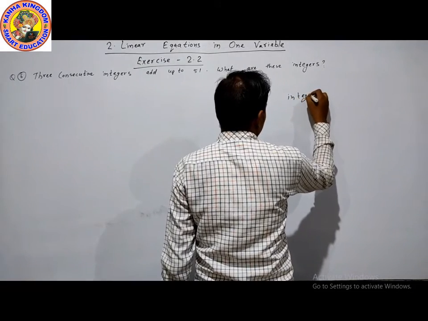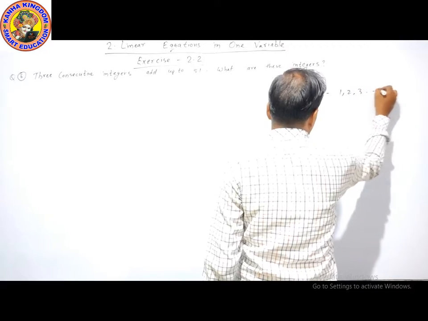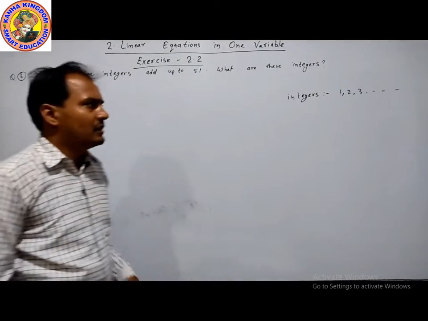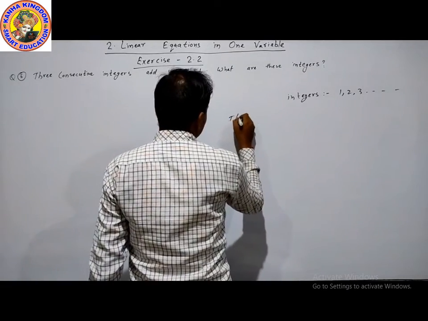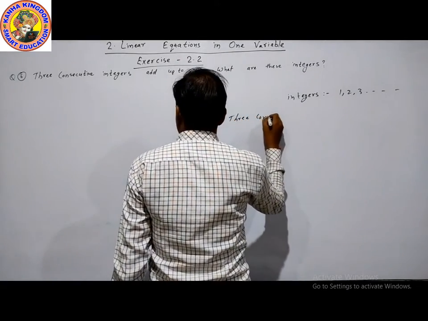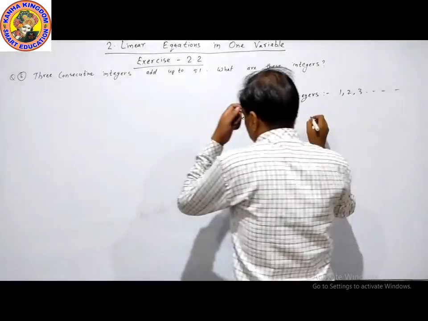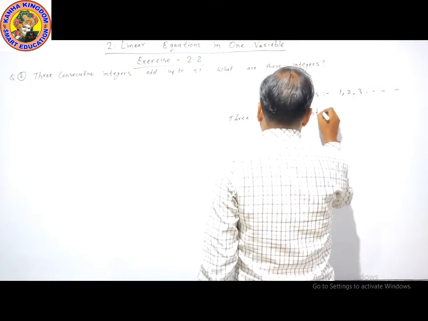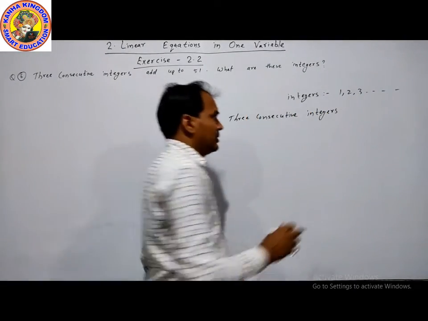Integers are the numbers 1, 2, 3, 4, 5 and so on. Next is 3 consecutive integers.